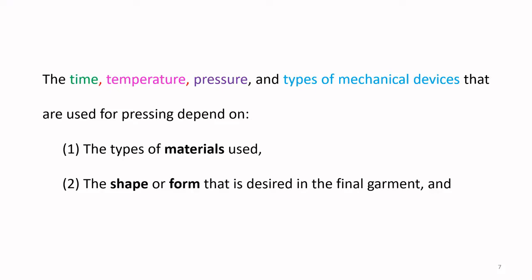Now, the second factor is the shape or the form that is desired in the final garment. So, depending on the shape or the form, we will choose the type of mechanical device for pressing. And the degree of permanency needed.